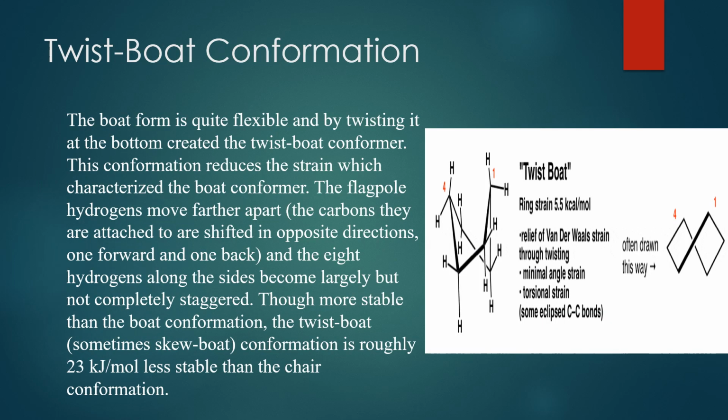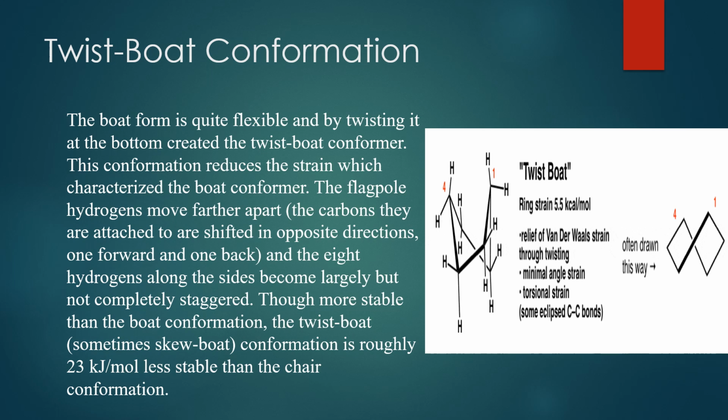Now come to the next conformation, that is twist boat conformation. The boat form is quite flexible, and twisting it at the bottom creates the twist boat conformer. This conformation reduces the strain which characterizes the boat conformer. The flagpole hydrogens move further apart. The carbons they are attached to are shifted in opposite directions, one forward and another backward.